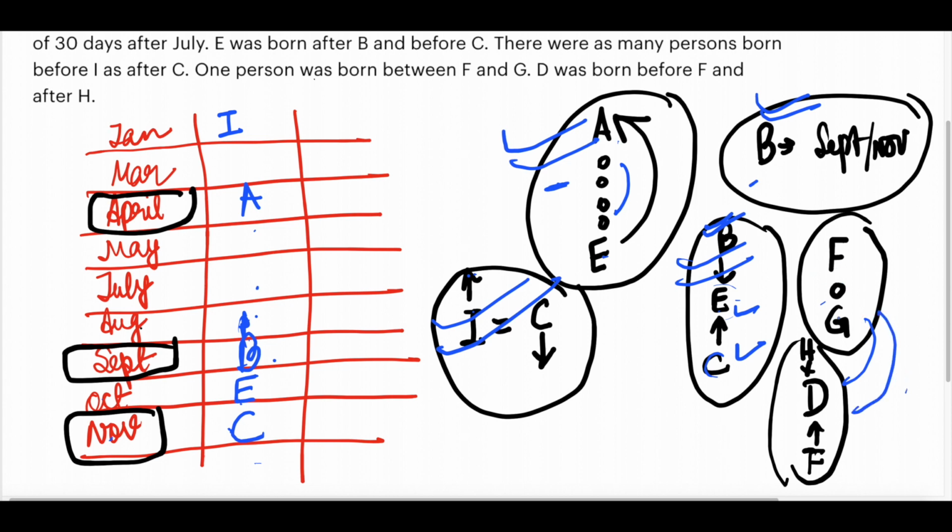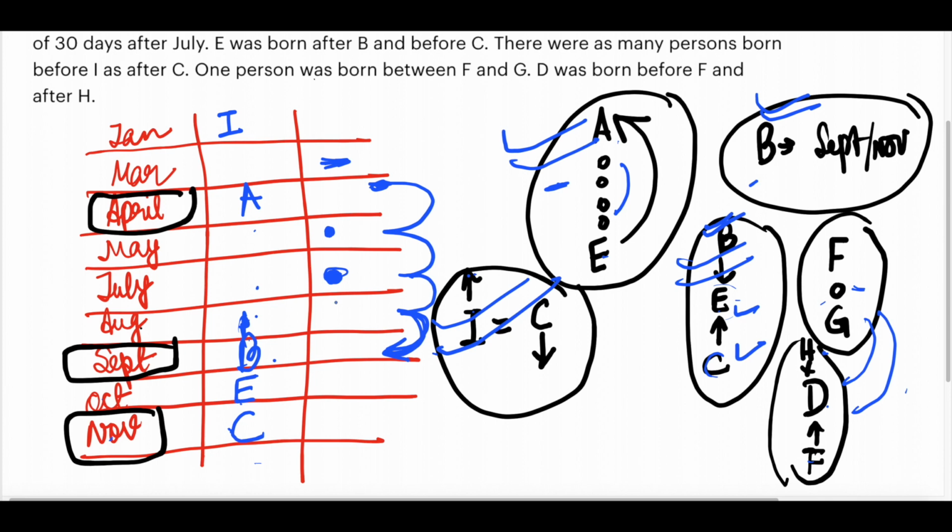So between F and G only 1 person was born, and above F you have D and H. Okay. If you place F here, then there will be no place for D and H because there will be only one place vacant. Okay, so you cannot place F over here. If you place F over here in this position, then there will be no place for G, because if you leave this one place, then here you have A. If you leave the one place below, then here you have B. So you cannot place F here as well.